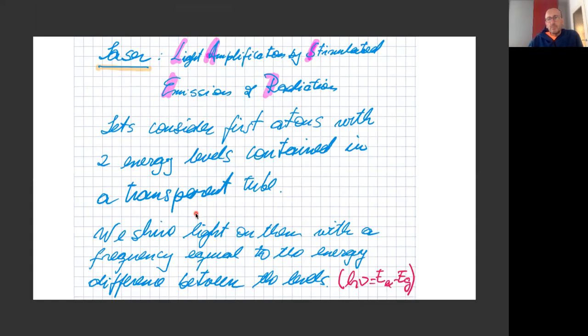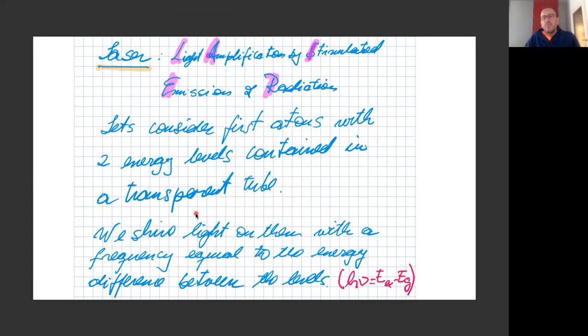And actually, we're going to be doing two things. We're going to be looking at how a laser works, and what the thermal emission of light is that you can see when you heat up a certain body.